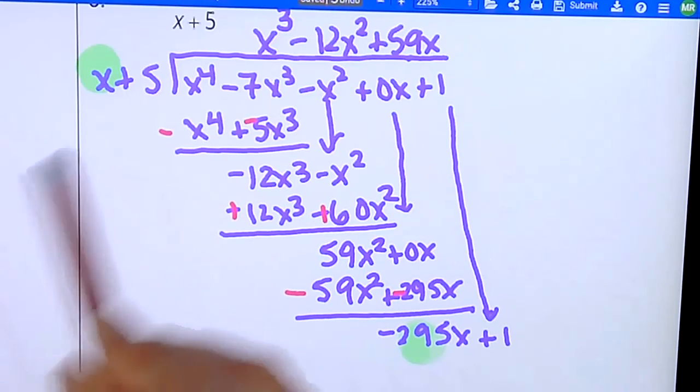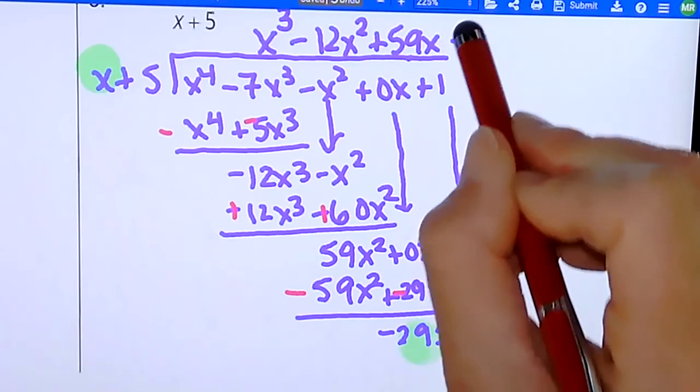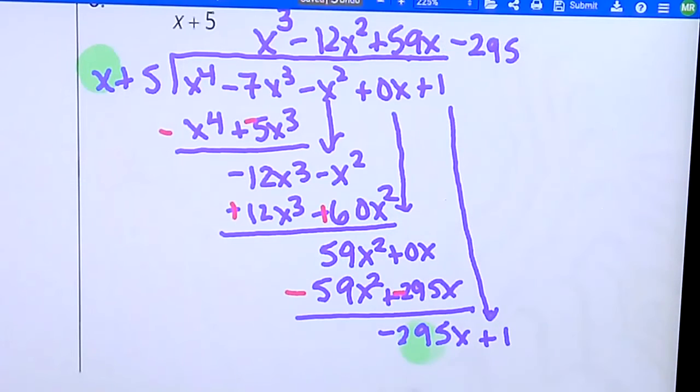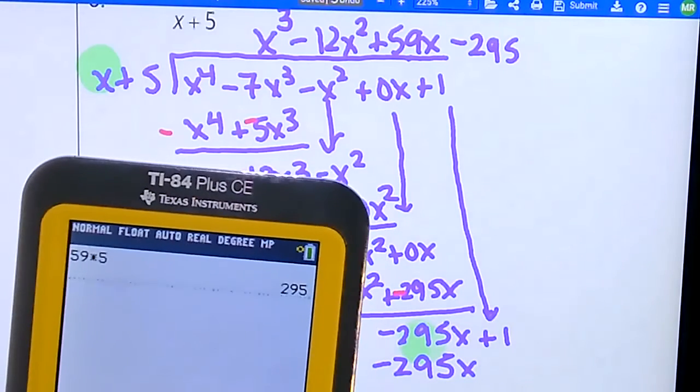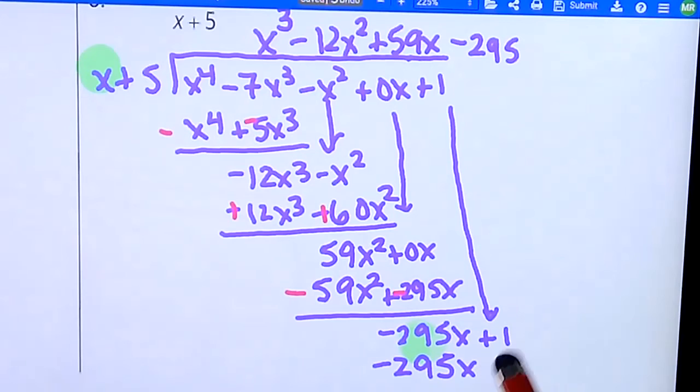So that is going to be x times a negative 295. So it's going to be negative 295x. And when I, whoops, forgot my 5 here, didn't I? 295x. And then I'm going to take 295 times 5, and I end up with 1475. So that's going to be a negative 1475.